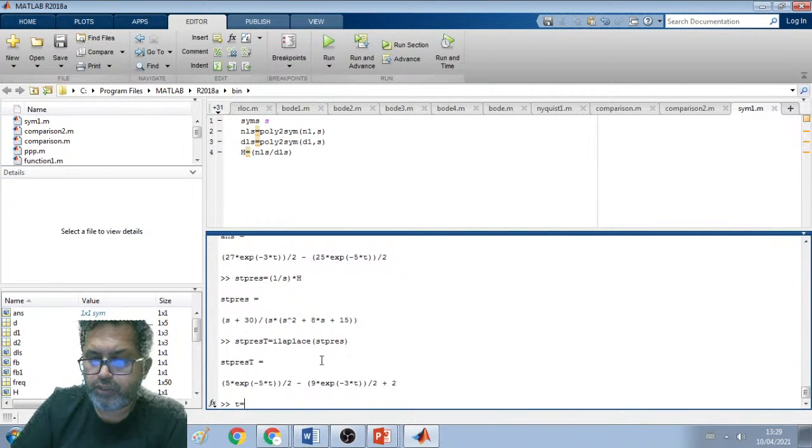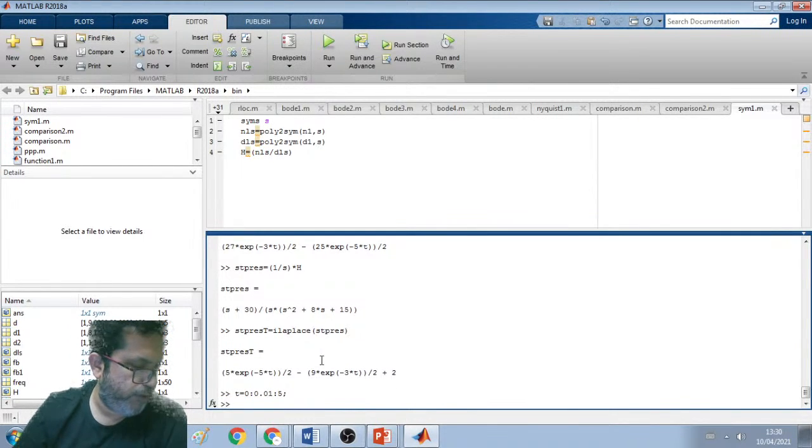You can plot the function also. 0 colon 0.01 colon 5. This is the t variable. Y is equal to eval vectorize STP res, capital vectorize.